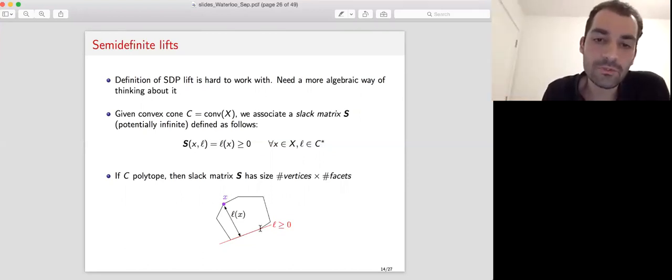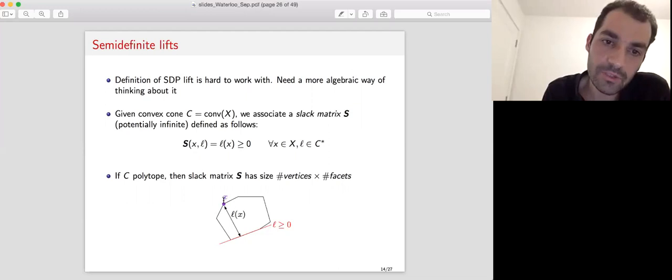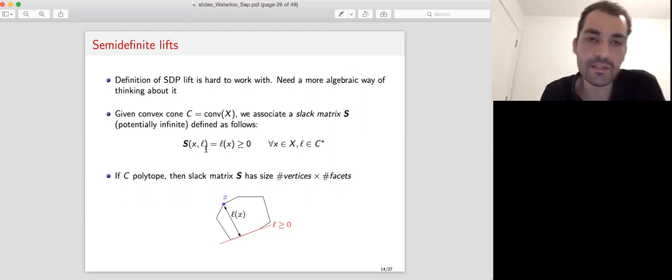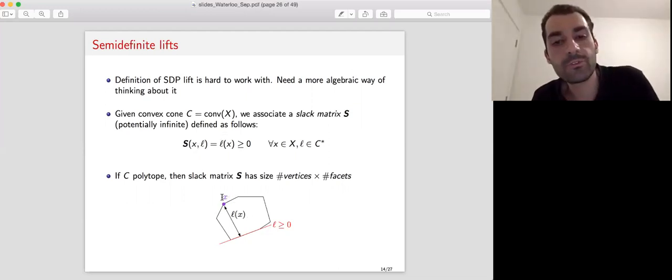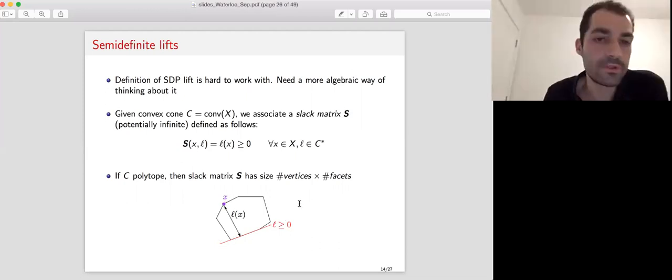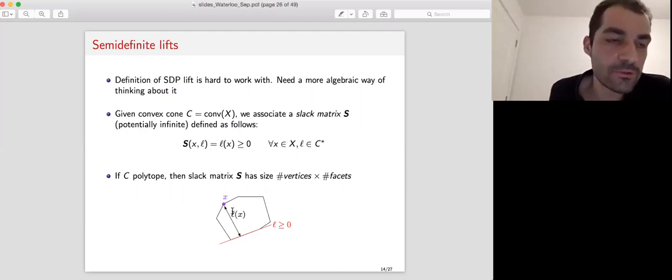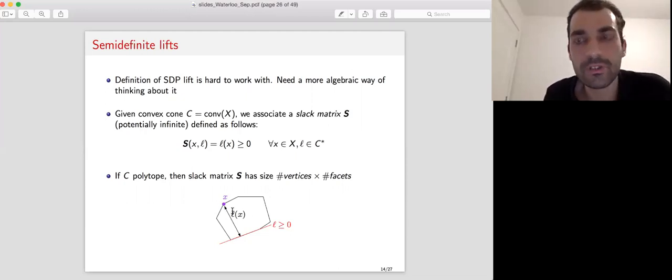In this picture, that's a polytope, and I have a certain supporting hyperplane L and an extreme point X. At the X, L entry of my matrix, I just put the slack of the extreme point X with respect to the supporting hyperplane L. This gives you a number L of X, and this number has to be non-negative because L is a supporting hyperplane.